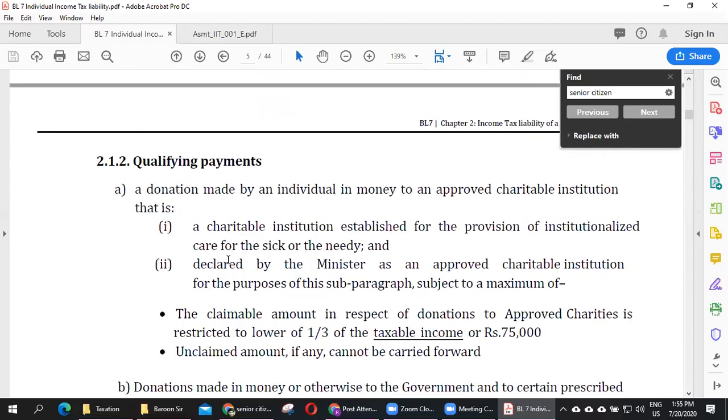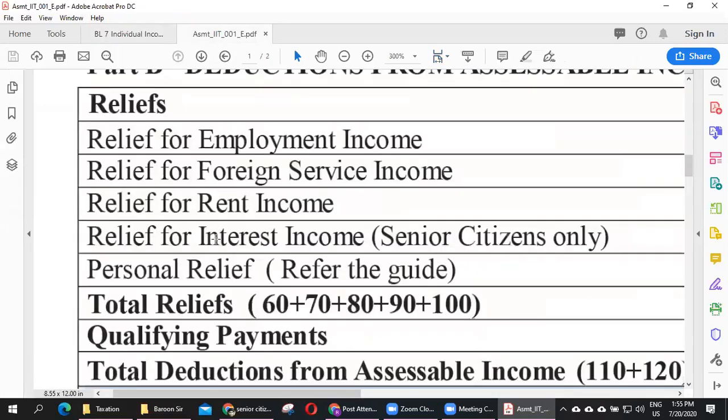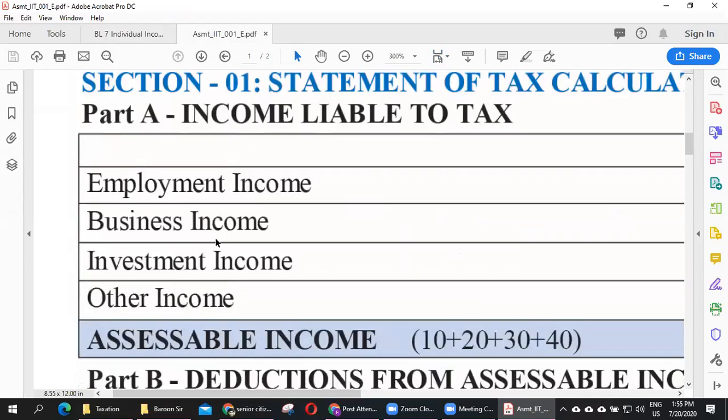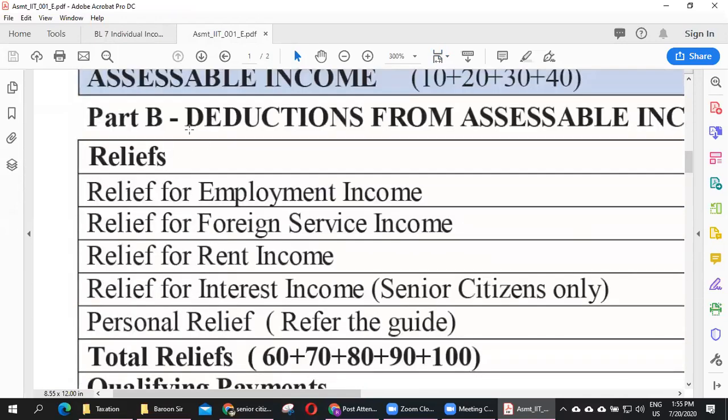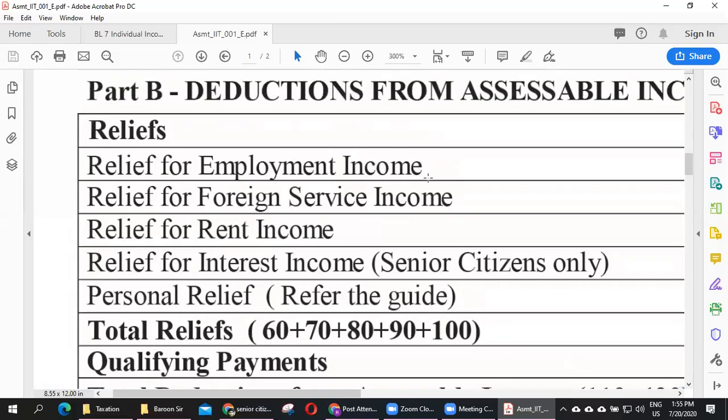And right now we will look at qualifying payments. When you look at this income return form, under deductions, relief, right? Relief for employment, how much? We have just discussed relief for employment income, how much? 700,000 is the maximum limit.